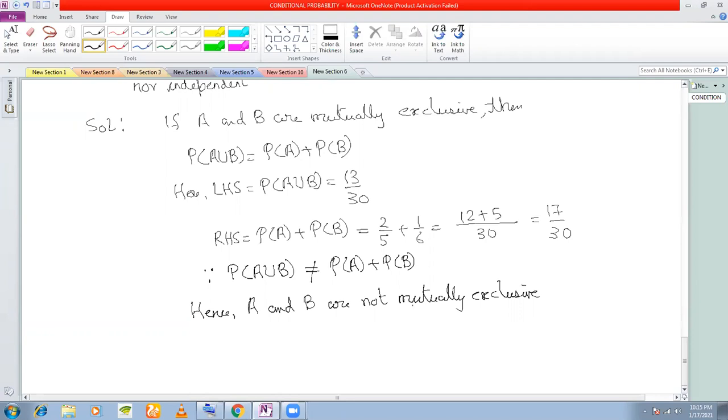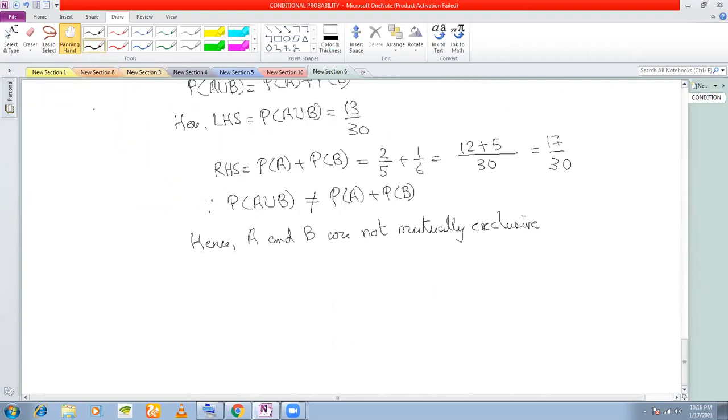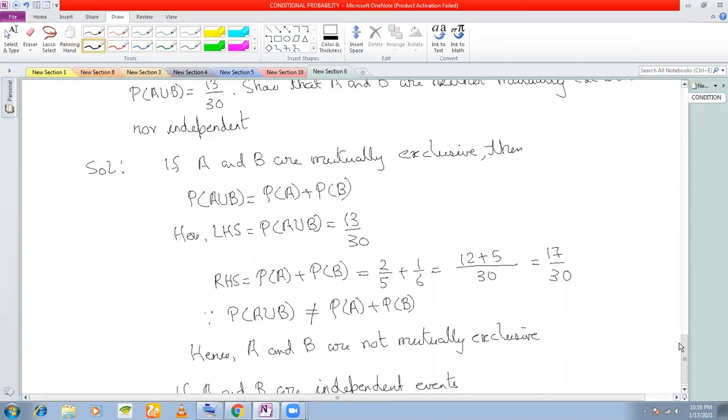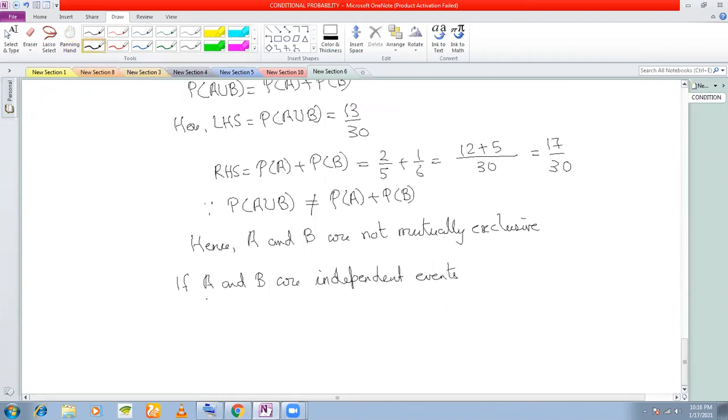Now you only need to show that A and B are not independent. When are A and B independent?